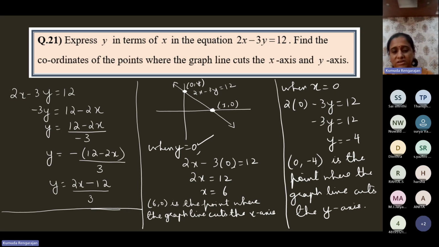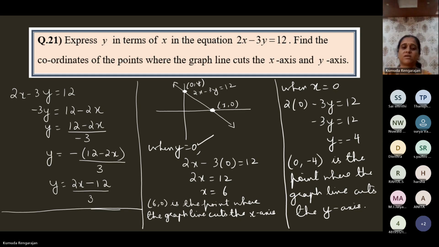By substituting y is equal to 0 in the equation given, we find the corresponding value of x. When y is 0, what is the value of x? It is 6.